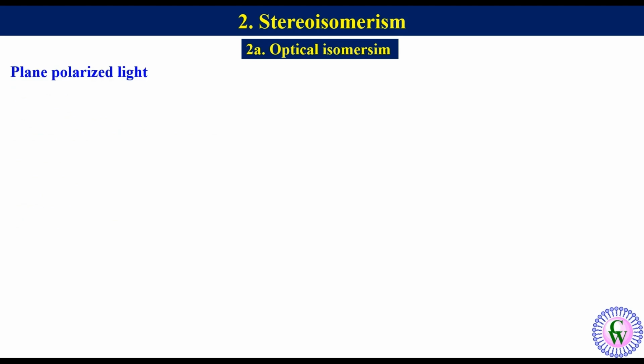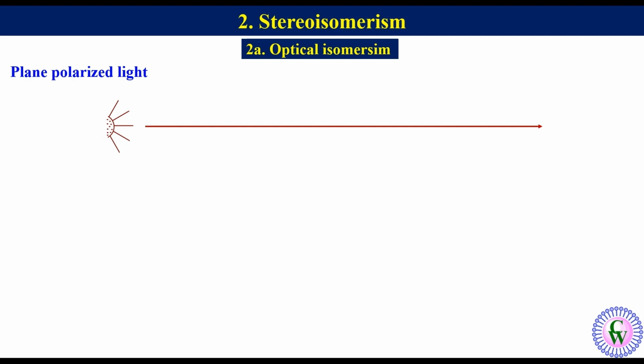First is plane polarized light. Suppose we have a source of light. The light is propagating from left to right. Light is an electromagnetic wave. An ordinary light from any source, be it natural or artificial, oscillates in an infinite number of planes at right angle to the direction of light.